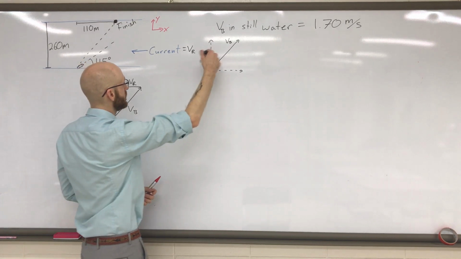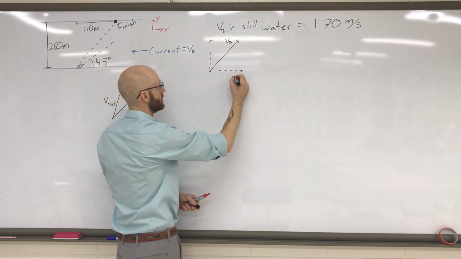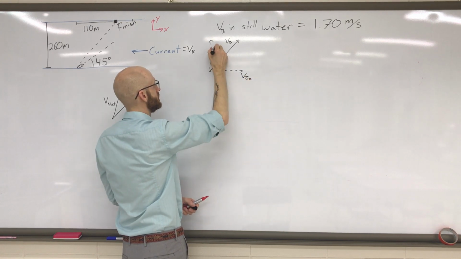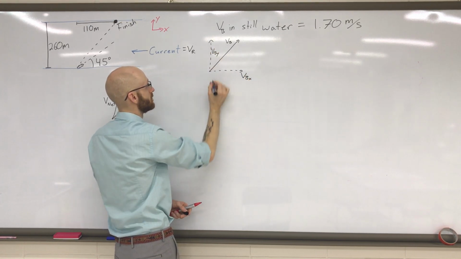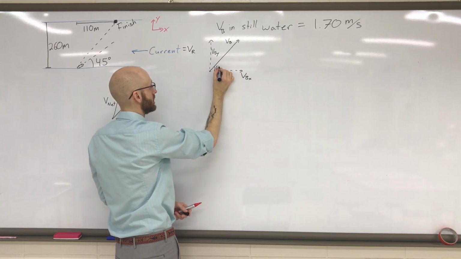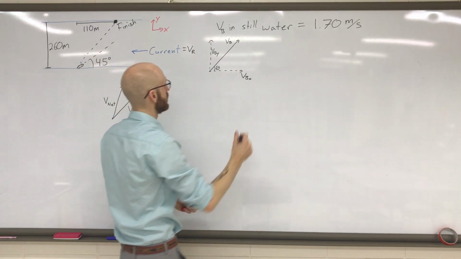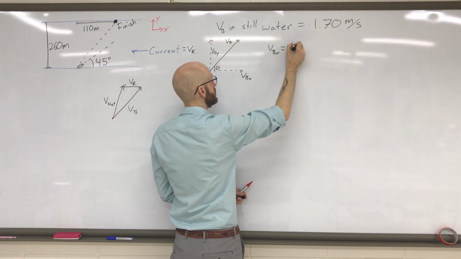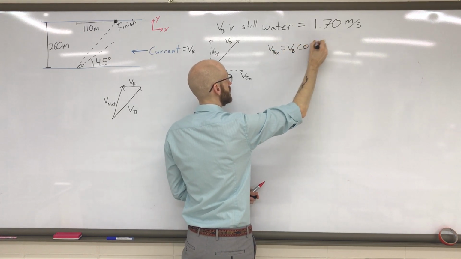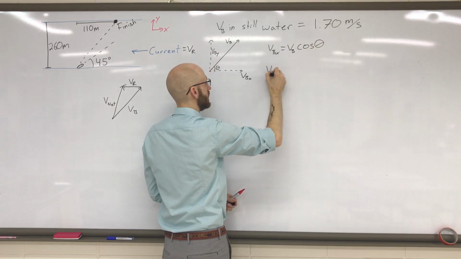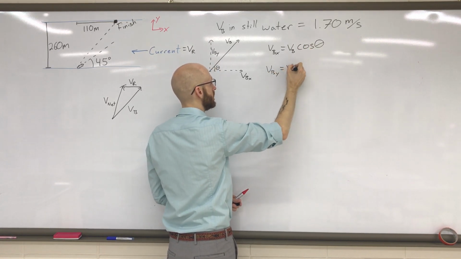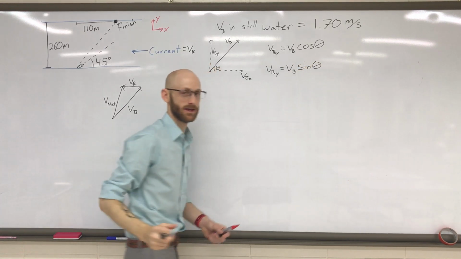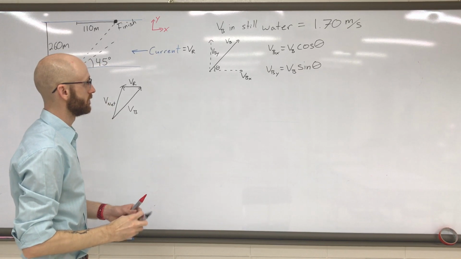Right, so if we break the velocity of the boat up into components, this component would be VBX component, and this would be VBY component. That's theta right there. So we can write VBX as VB cosine theta and VBY as VB sine theta. Right, those are those two components.